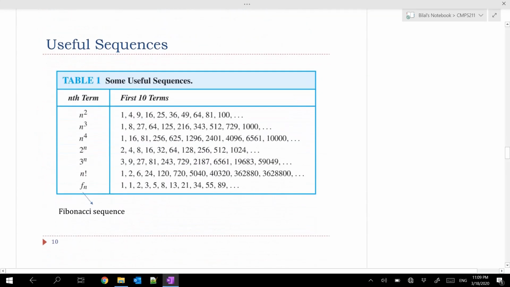Useful sequences are illustrated in this table from the textbook, and you can watch the last term among the first 10 ones. So you know that quadratic equations have a considerable order of growth already with respect to polynomial ones.